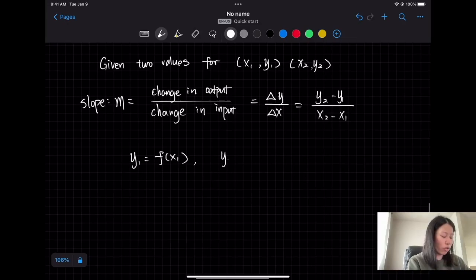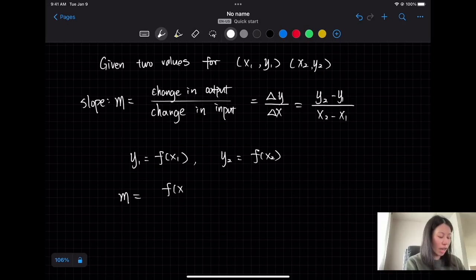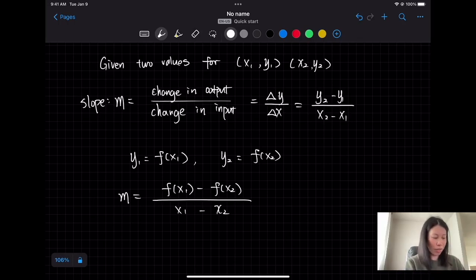And then y2 equals f of x2. So sometimes you will see something like f of x1 minus f of x2 over x1 minus x2. They mean the same thing because f of x1 equals y1, f of x2 equals y2.